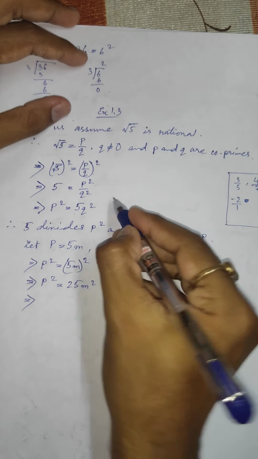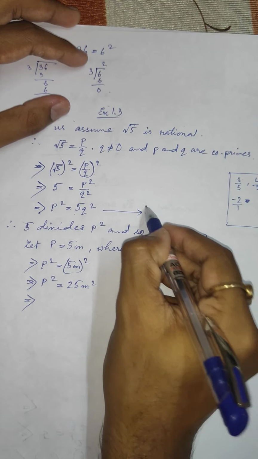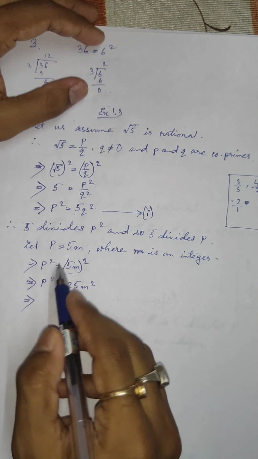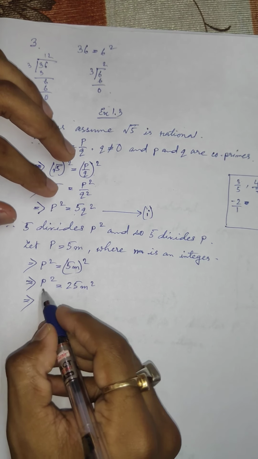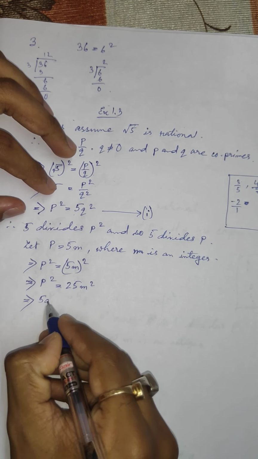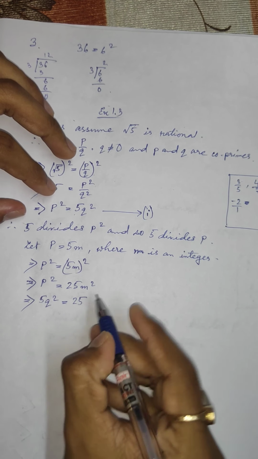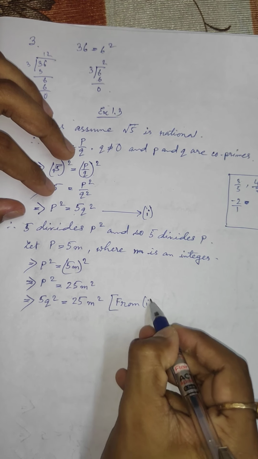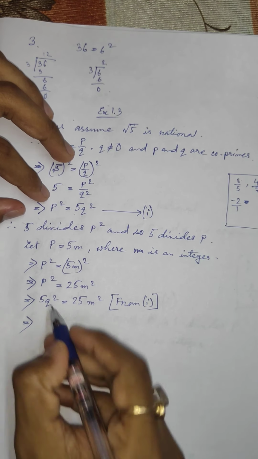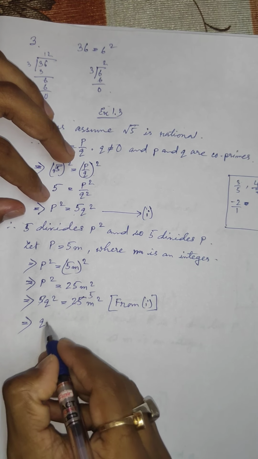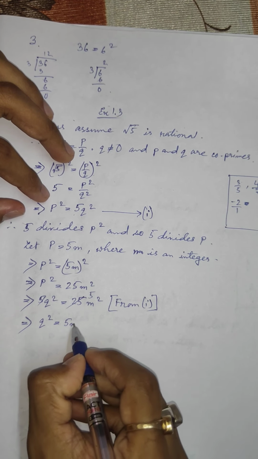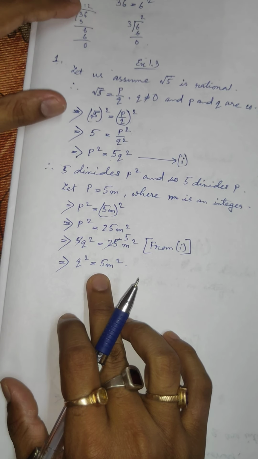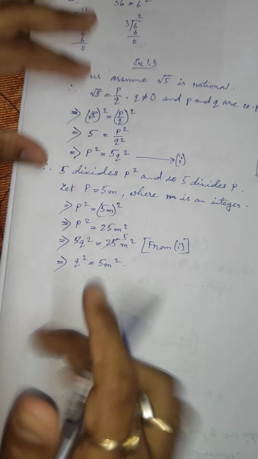The value of p square is already given in equation 1, so from 1 you can replace p square with 5m square. So ultimately we got q square equals 5m square. Now q square also contains 5 as a factor, so q square must definitely be divisible by 5.